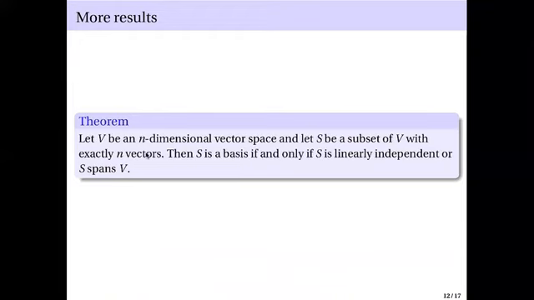So here S has exactly n vectors, and n is the dimension of V. Then S is a basis if and only if S is linearly independent or spans V. Okay? Meaning, to show that S is a basis, you only need to show one of these.